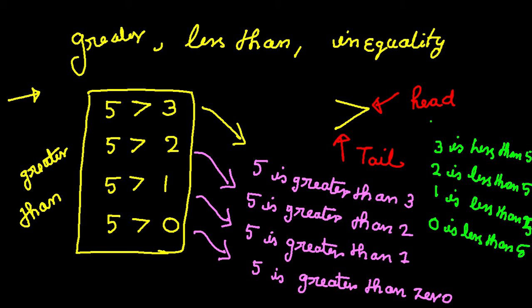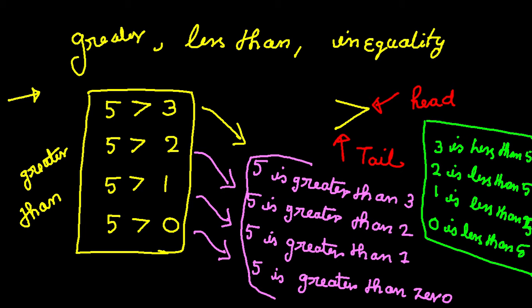So you are seeing that it is like this, and this is like this. So this is the way of the representation. Either you can say like this, or you can say like this. That is the same meaning.